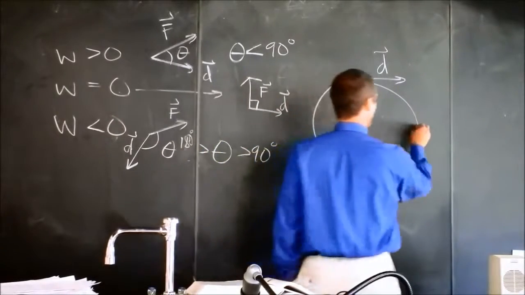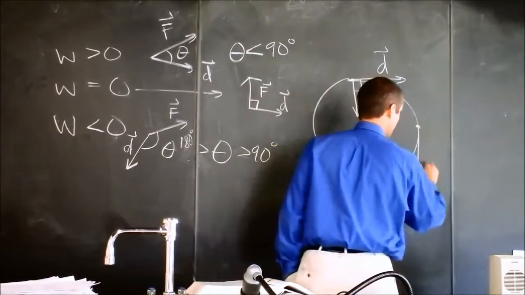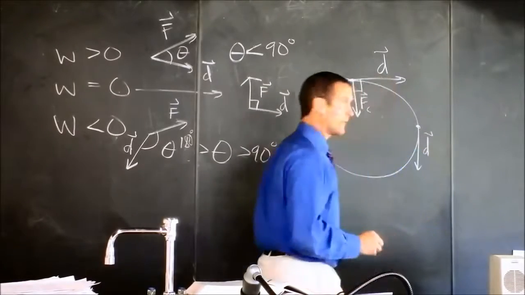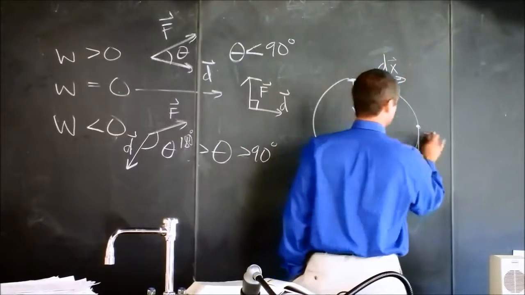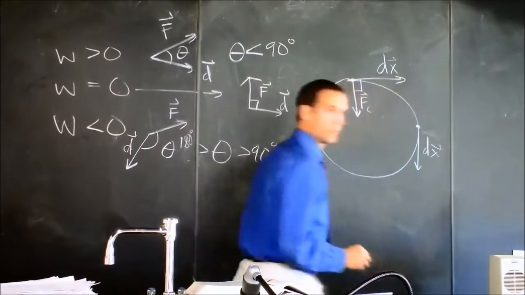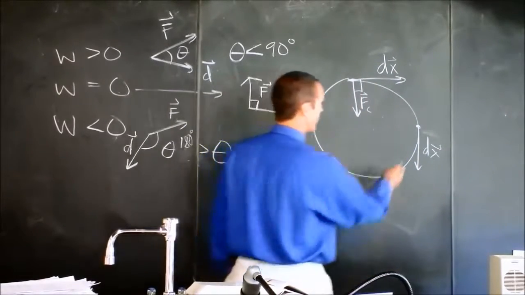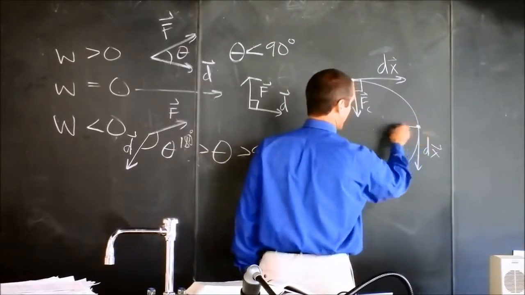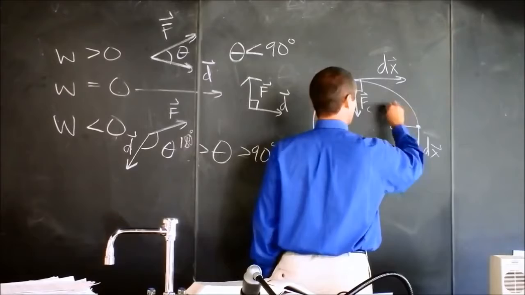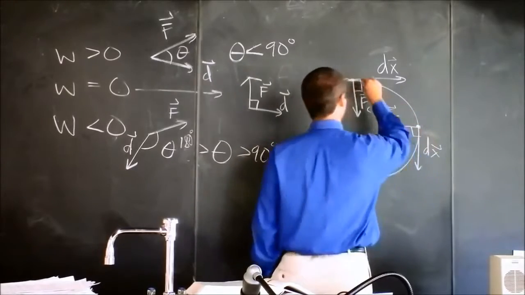So if we look over here, for some small instant it's going directly down. We could even call this dx, because that makes it a little bit more calculus-y. We've got dx there and dx right there. At this instant, while the thing is moving around in a circle going straight down, the force is still at a right angle to it, straight in that direction.